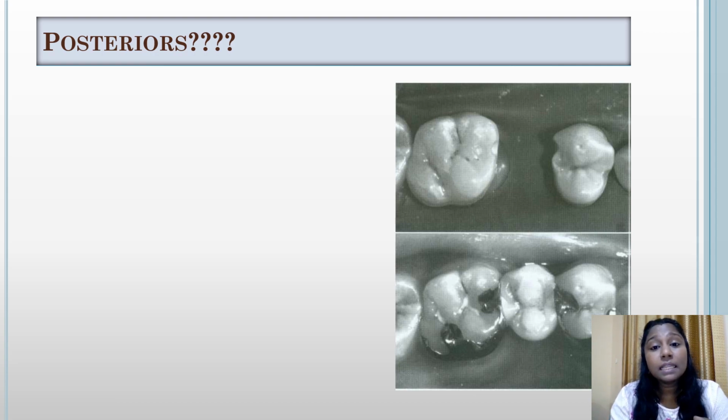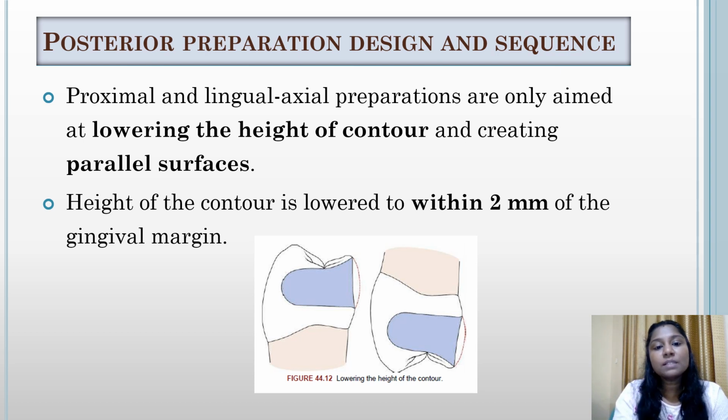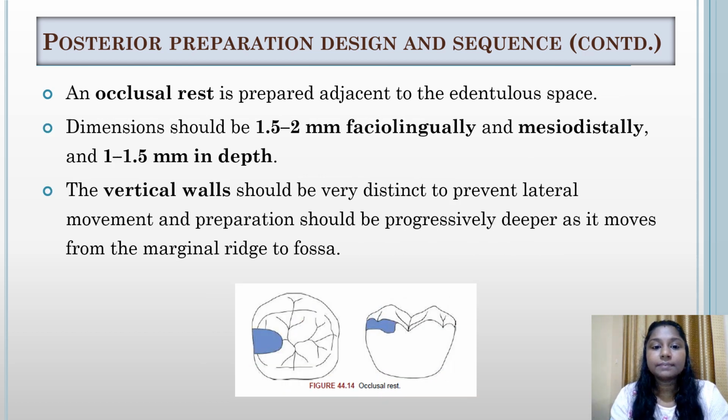How about the posterior teeth? This is going to be different. Yes, there are some slight changes. Proximal and lingual axial preparations are only aimed at lowering the height of contour and creating parallel surfaces. The height of contour is lowered to around 2 millimeters from the gingival margin. Proximal preparation adjacent to the edentulous space should extend beyond the facial line angle, and a 180-degree encirclement is achieved through a short, thin tapering diamond bur, giving a knife edge finish line.